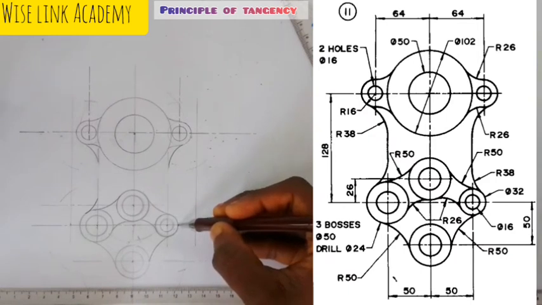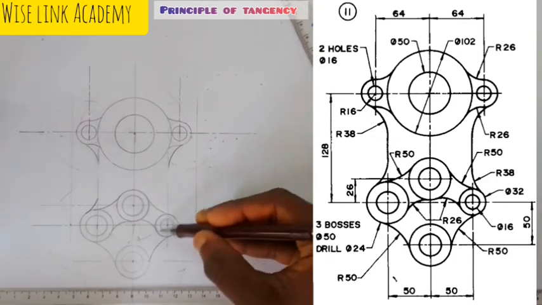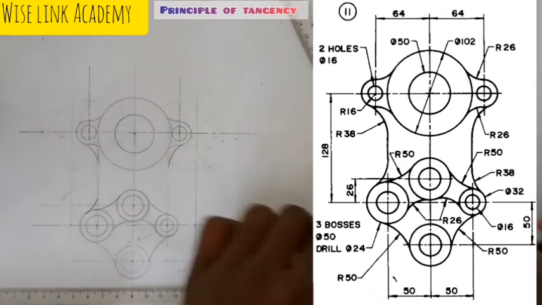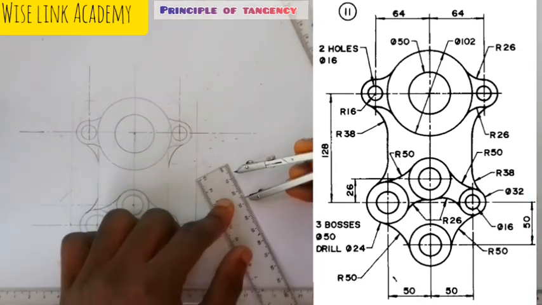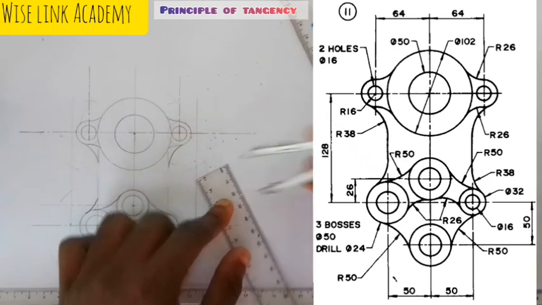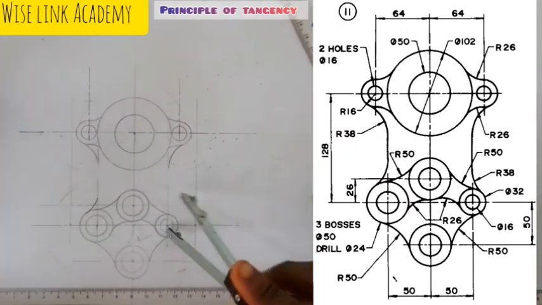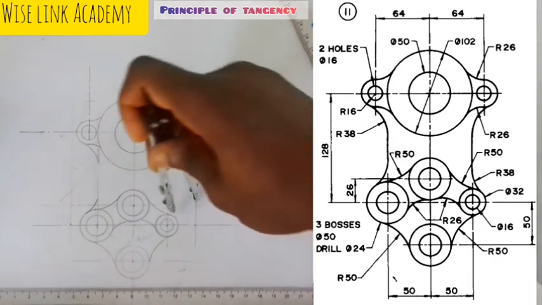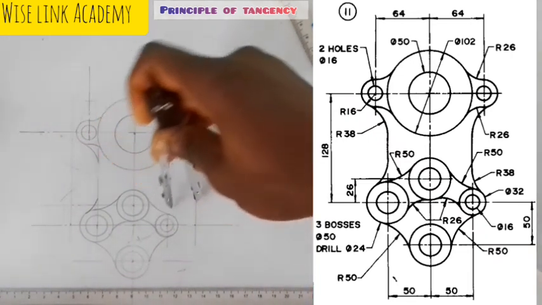Similarly, what I used to draw this smaller circle here was 8. So 8 plus 19, I will have 27. So measure 27 from this point to this point. Come to this point here, strike an arc. Where the arc cuts at this point, gauge it to touch that vertical line.